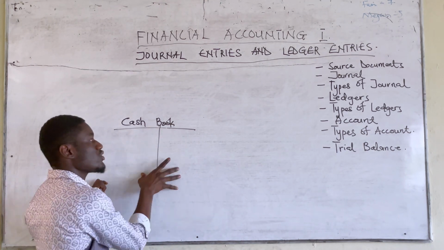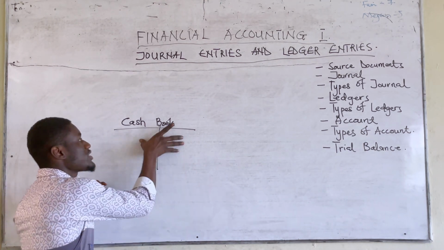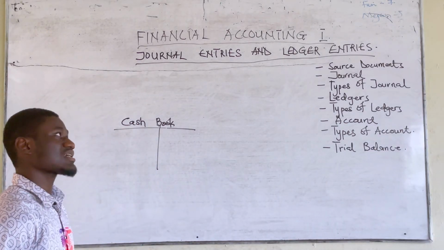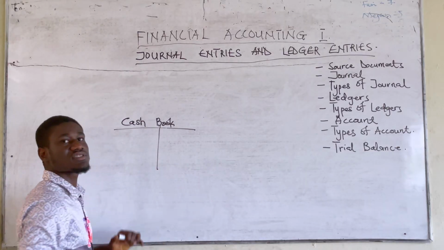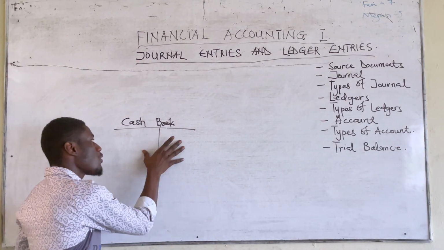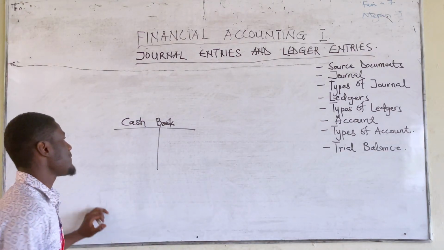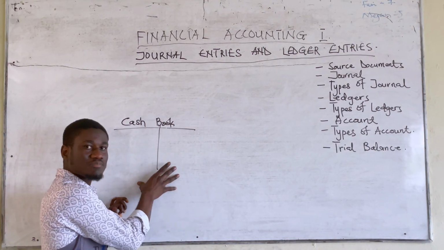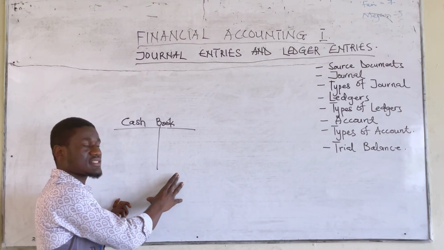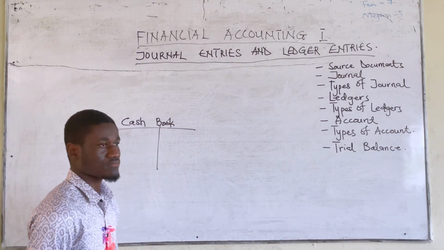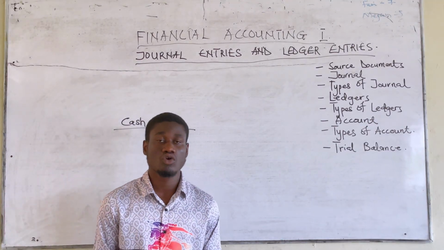But so this is the what? Single column cash book. So it records cash payment and receipt. Or sometimes it can be bank payment and receipt only. Okay, so mostly it records the cash payment and receipt only, but it can also record the bank payment and receipt only. You get it? It records just one item. Good. So we have the double or two column cash book.